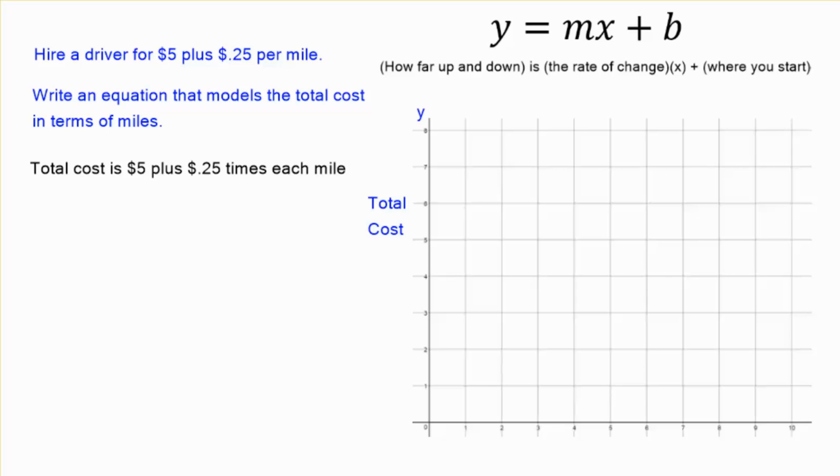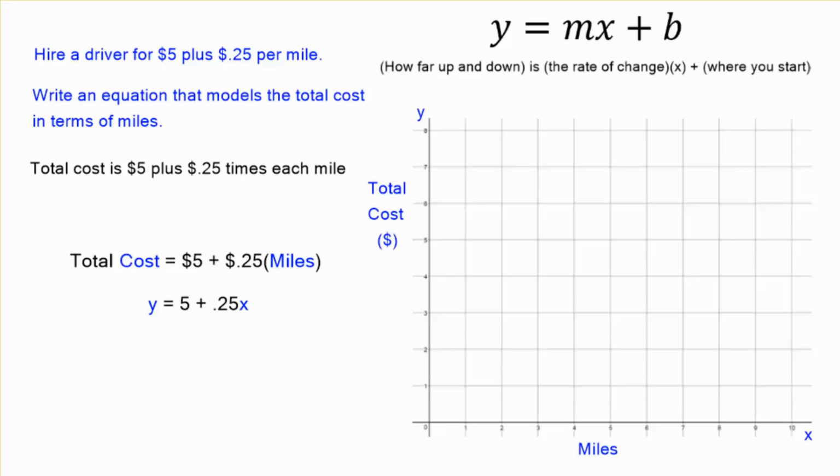So your total cost is y. That's money in terms of miles. Y equals 5 plus 25 cents times miles. Now notice that's a positive 5. We need to switch these around to make it y equals mx plus b. So a positive 5 and a positive 25 cents, you rewrite it like that.